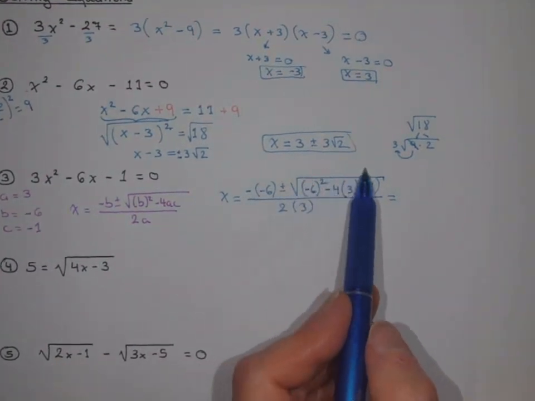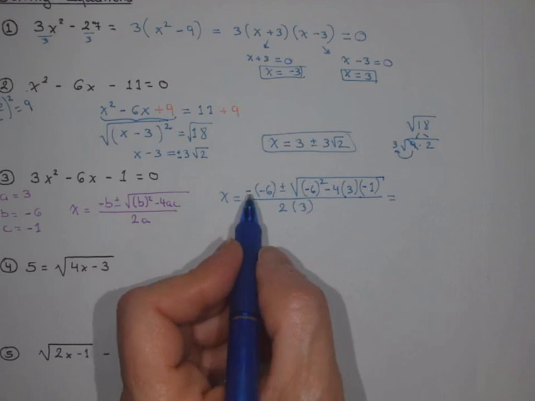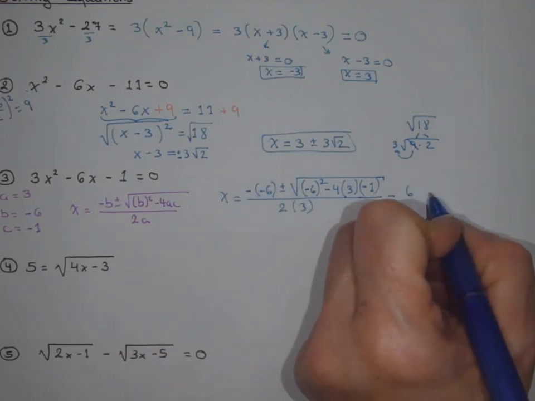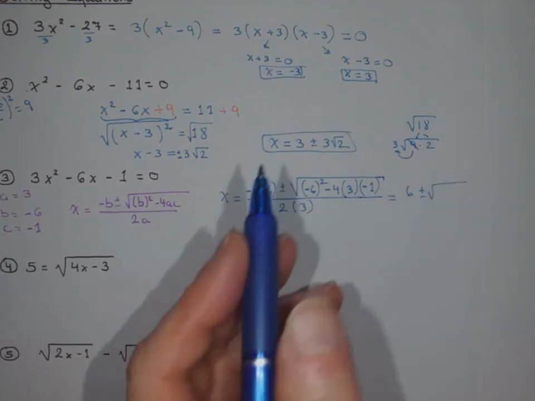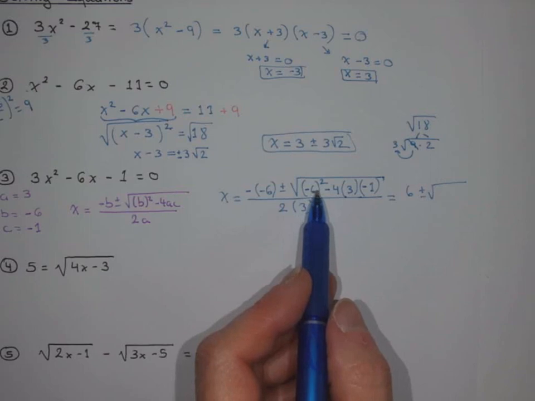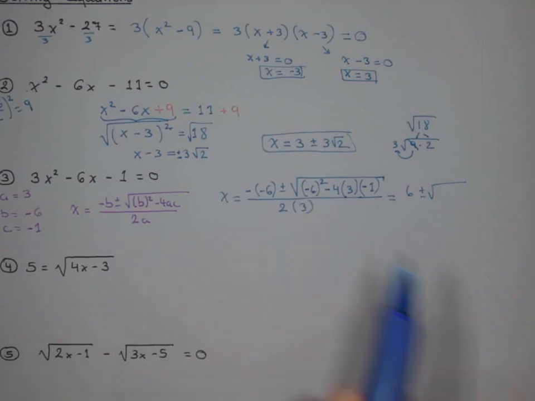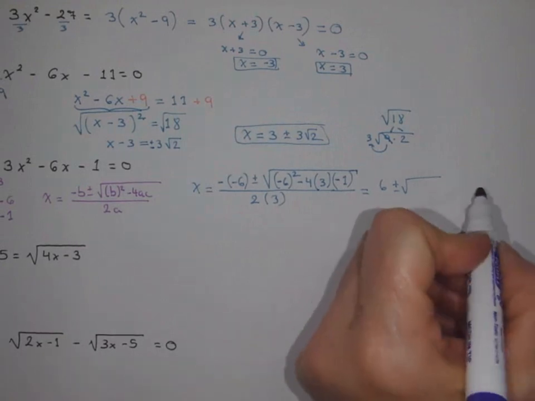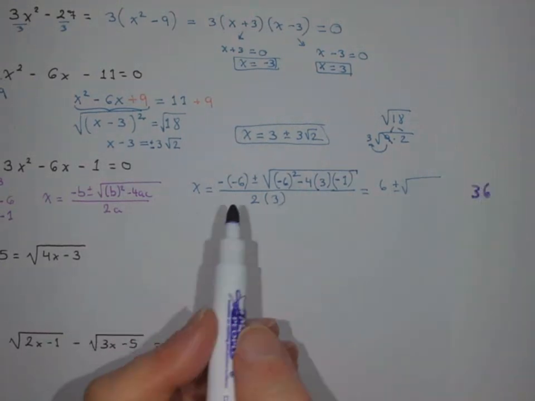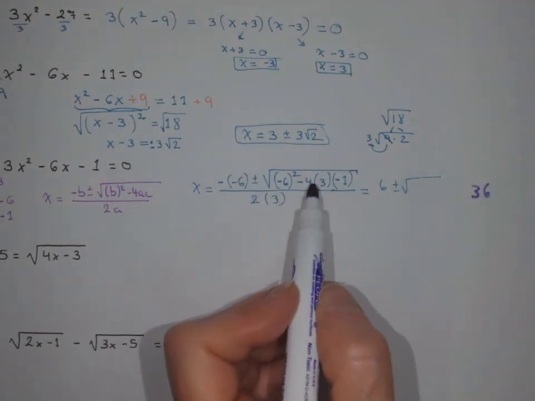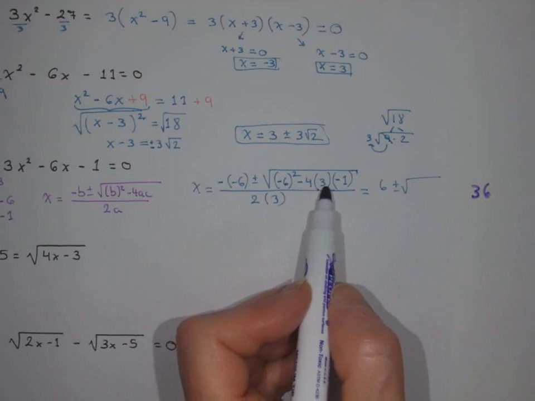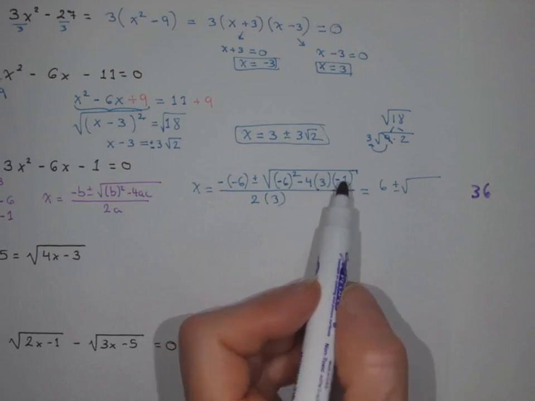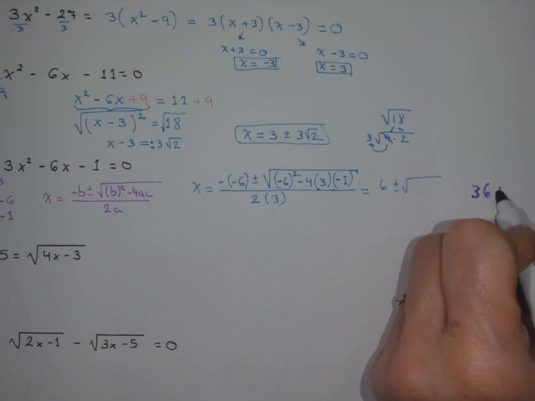Okay, we want to do the discriminant first. The discriminant is whatever is underneath your radical here. So negative negative becomes positive 6 plus or minus square root of 6 squared is 36. Let's write that on the side here. So we have 36, and then negative 4 times positive 3 is negative 12, times the negative 1 becomes a positive 12.